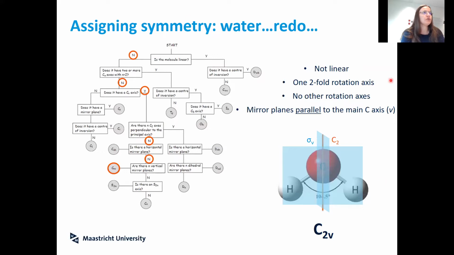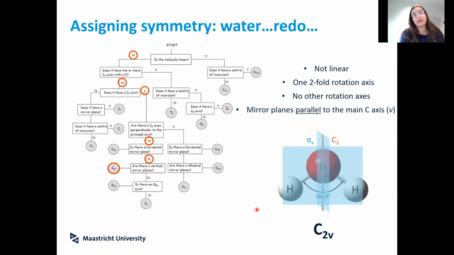You can also redo the point group derivation with other flowcharts, because sometimes you're like, oh, I don't like these questions, I would like different questions. At the end of the day, the concept is always the same. You will find things that are worded differently, but the substance is still the same.